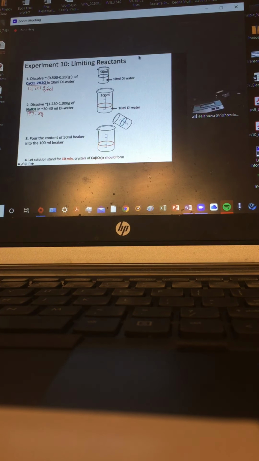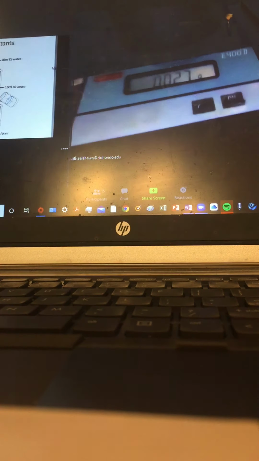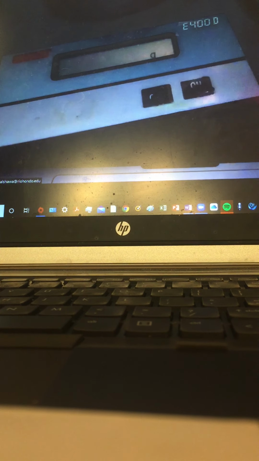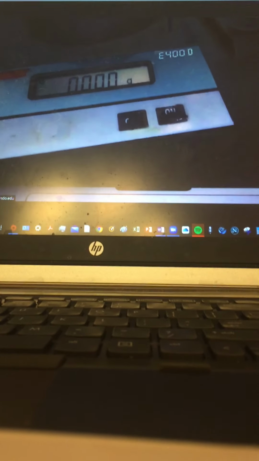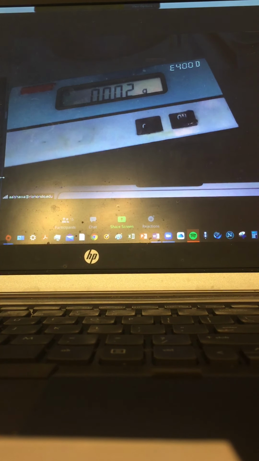Can you see the balance? Yes. The digits? All right, so I'm going to tare it. First, I want the mass to be between 0.5 and 0.55.